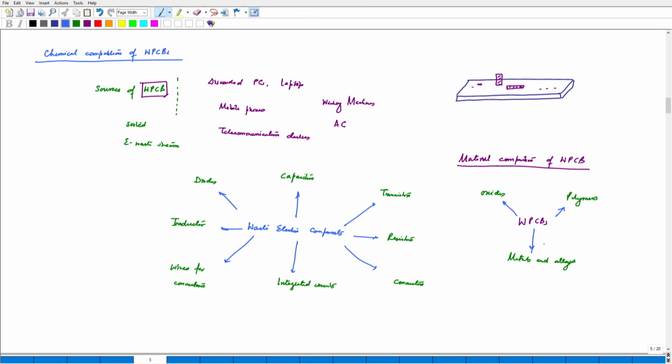Generally speaking, we can have a higher share of metals and alloys, but it really fluctuates a lot. The major components that are present are basically oxides, polymers, and metals.